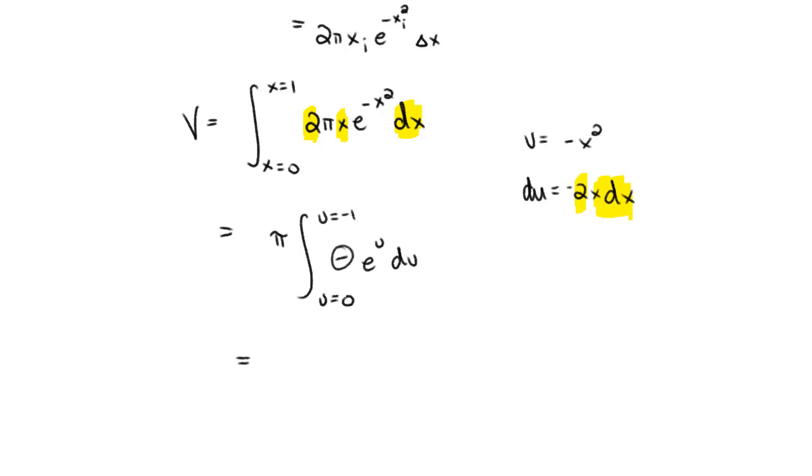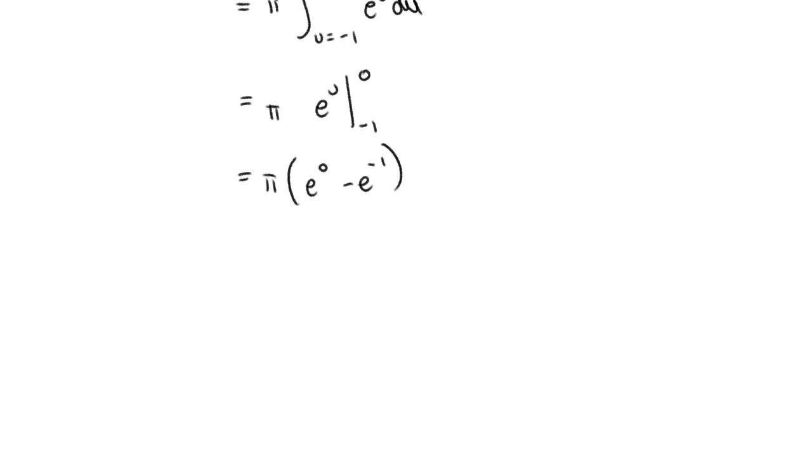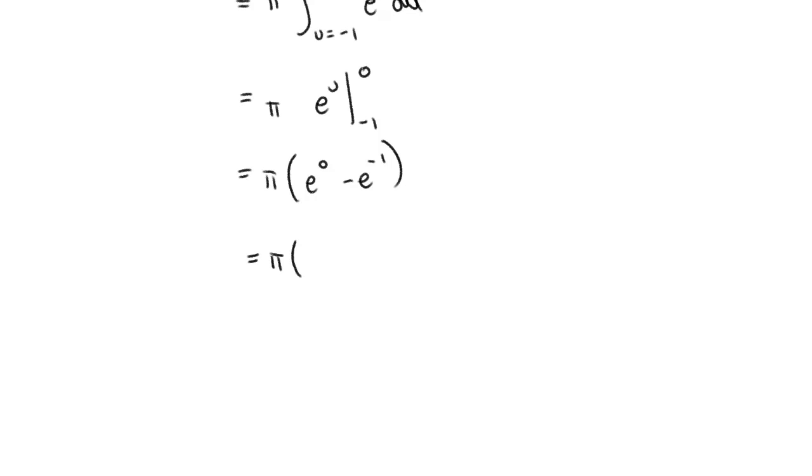You can get rid of that negative by switching the limits. And integrating. That's it.